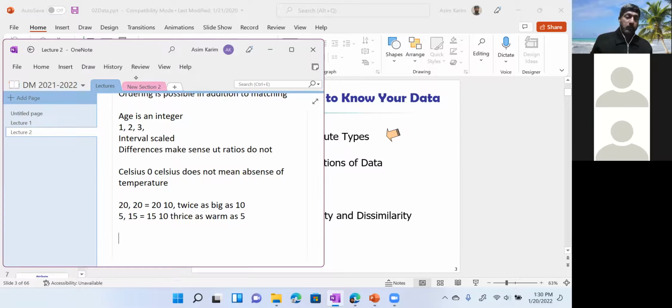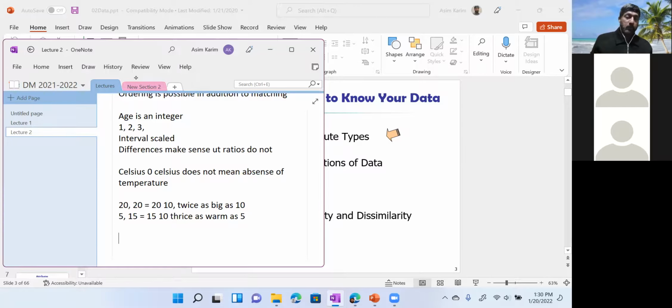So finally, we have what is known as ratio scaled. So most physical quantities that we have today are ratio scaled. And of course, again, these are numeric attributes, not categorical. So again, taking the example of temperature, Kelvin is ratio scale because its zero is an absolute zero, the absence of temperature.